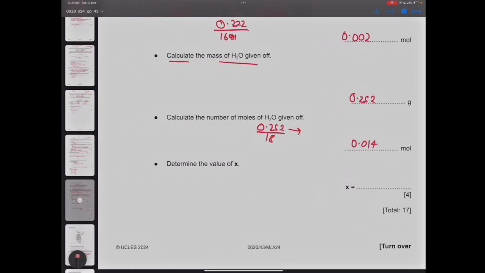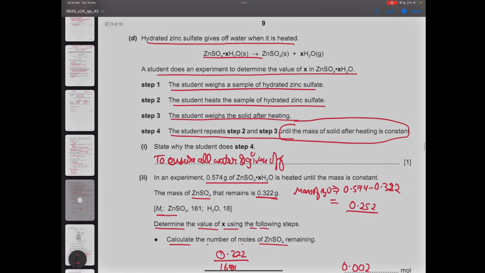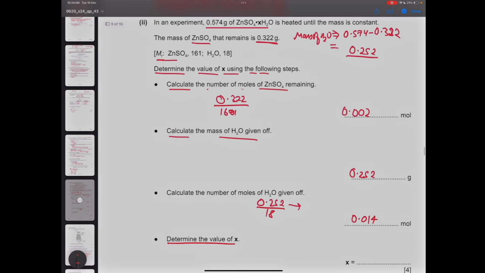The most important step, we have to figure out the value of X. Now for this, we need to understand the ratio between zinc sulfate and X, and you can see here in the equation, the ratio is 1 is to X, right? So let's write it down here.